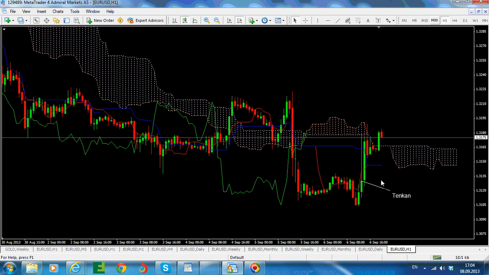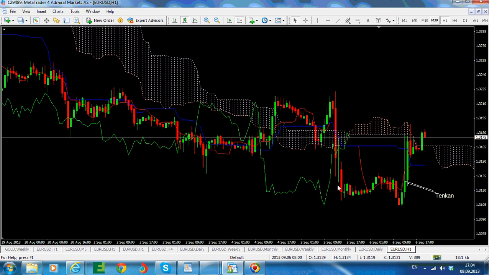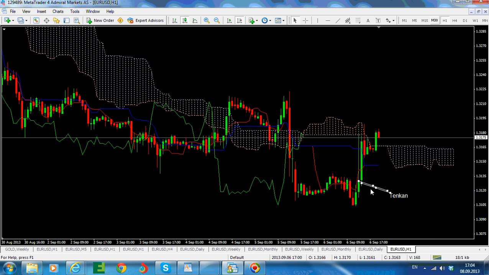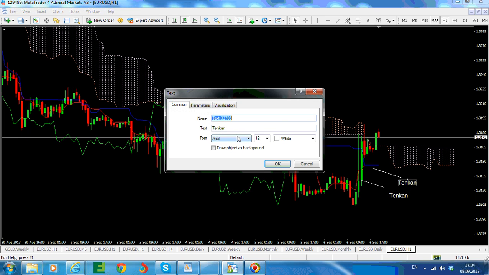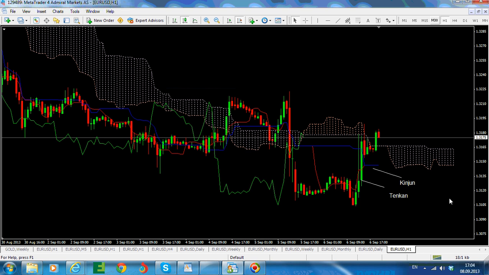Now this is the Tenkan, the red line, and the blue line here is the Kinjun. So without a cross between the two lines, it is impossible for price to actually shift to the upside.